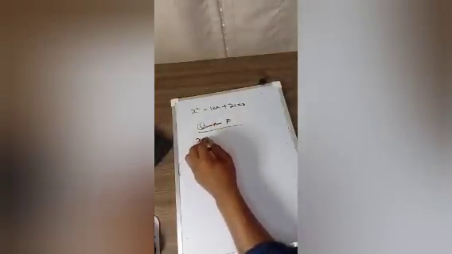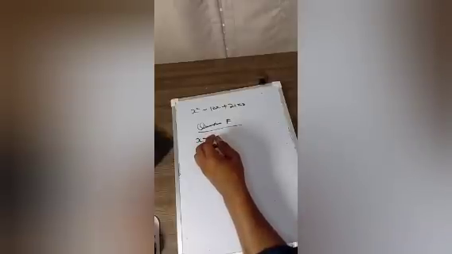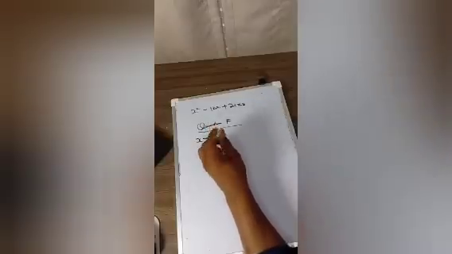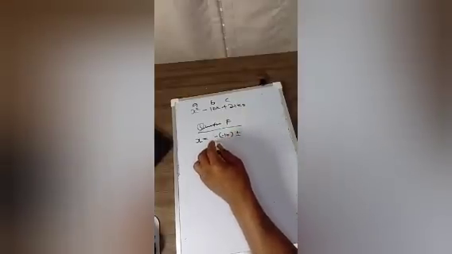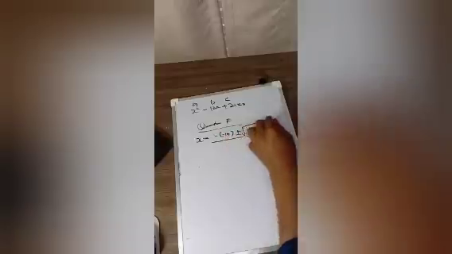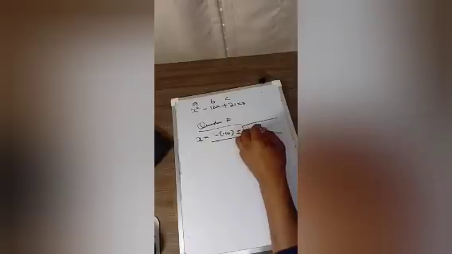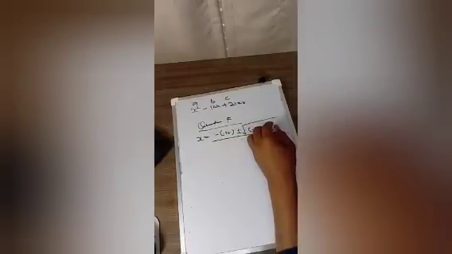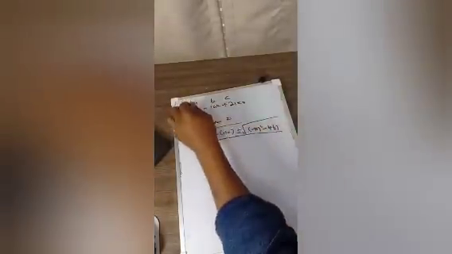It says x is equal to minus b, plus or minus the square root of b squared minus 4ac, all over 2a. Here b is minus 10, a is equal to 1, and c is equal to 21.